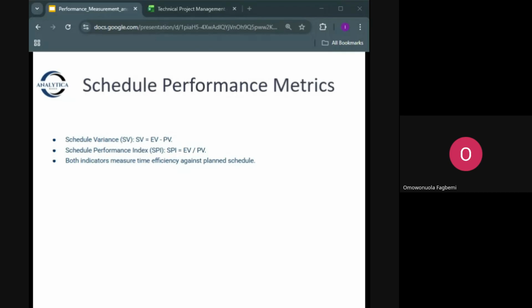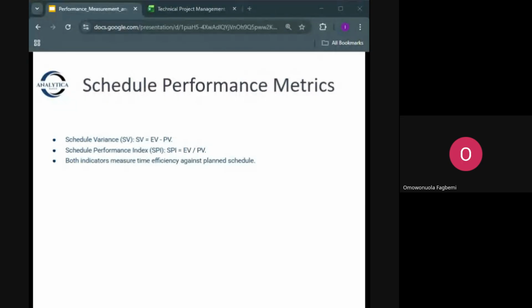So you are only working at an 80% schedule efficiency. So your project is 20% slower than planned. So that's what schedule performance index means. Okay. So in case that confuses you a little bit, I hope that explained it.